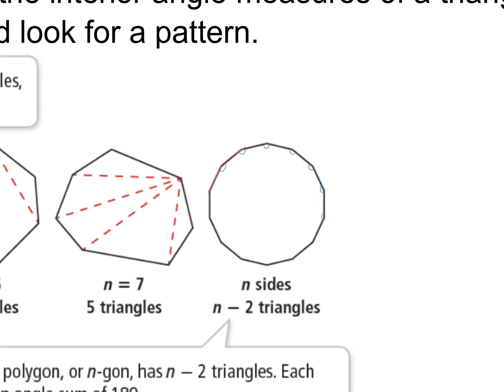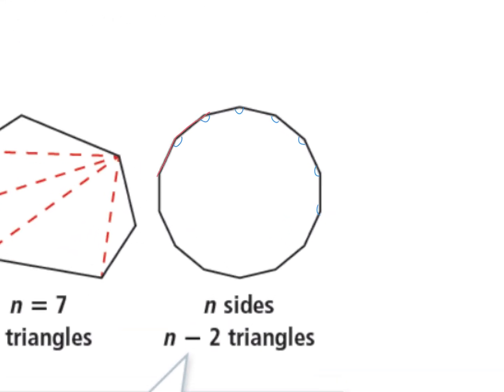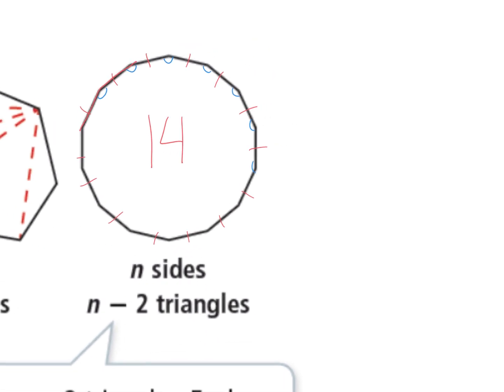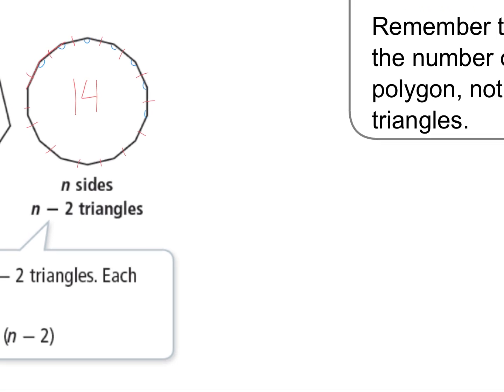With these, we want to know the number of sides. Okay, so if I count this one, start here. 1, 2, 3, 4, 5, 6, 7, 8, 9, 10, 11, 12, 13, 14. So this one has 14 sides. How many angles is it going to have? 14 angles.